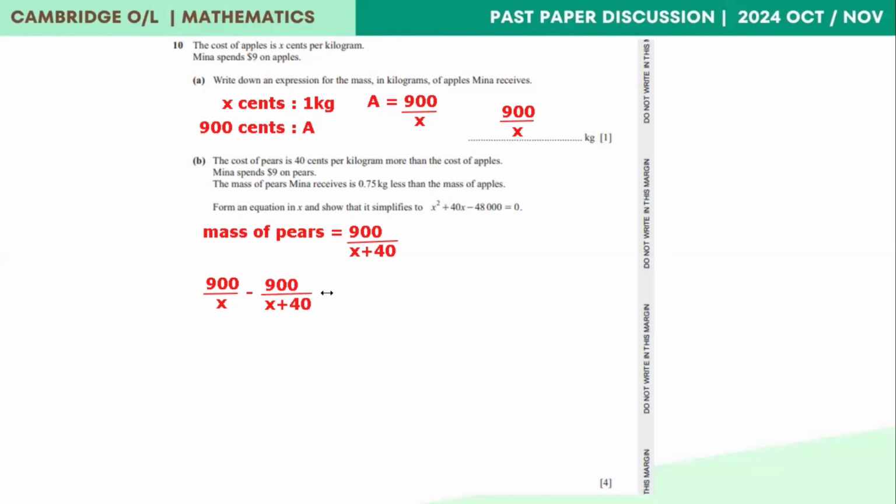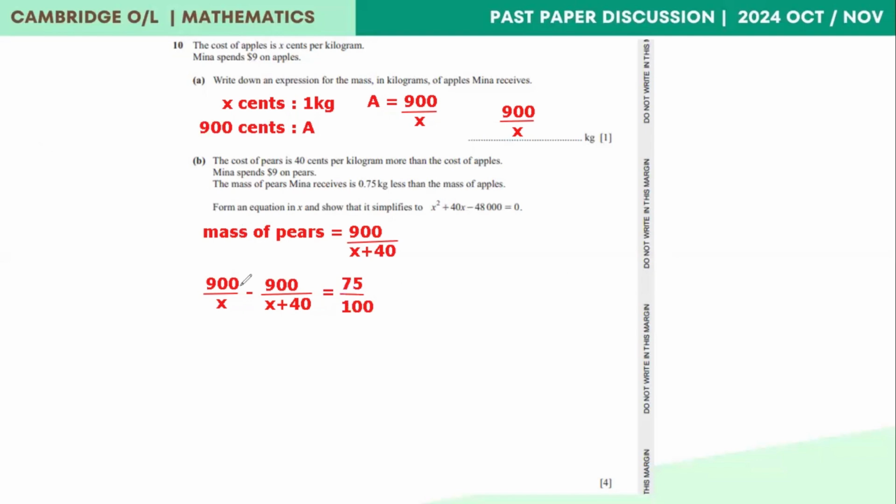I'm going to write that 0.75 in fraction first, to make the simplification clearer. I'll show you later why this becomes clear. So 0.75 in fractions would be 75 over 100. Now we can simply solve it.